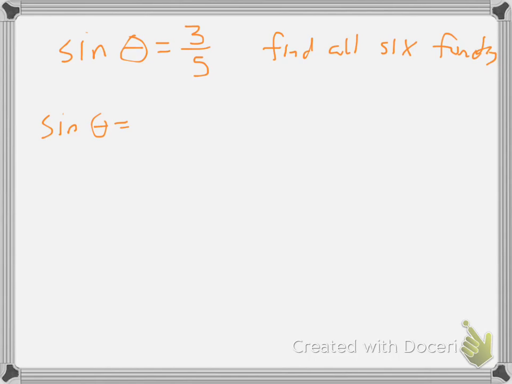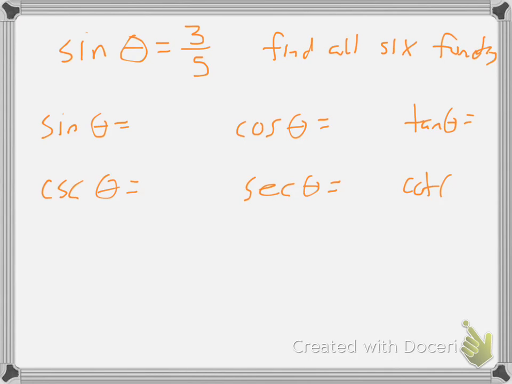Sine theta equals cosecant theta. Then cosine theta equals secant theta. Last ones, tangent and cotangent. I'm not leaving myself very much room here.